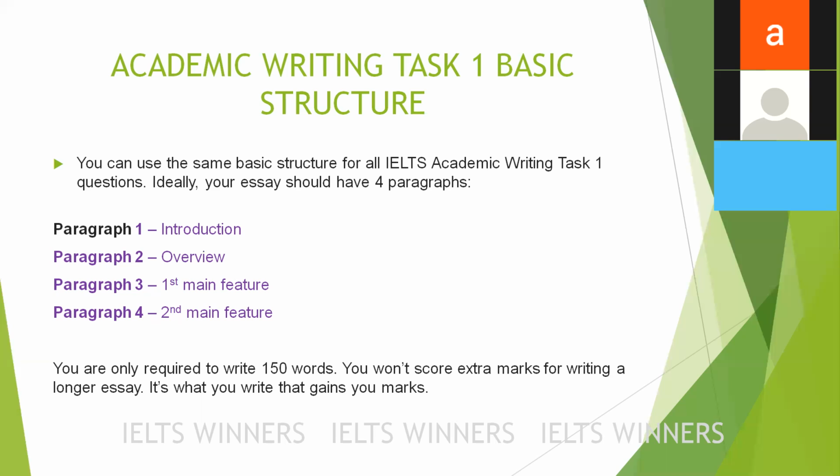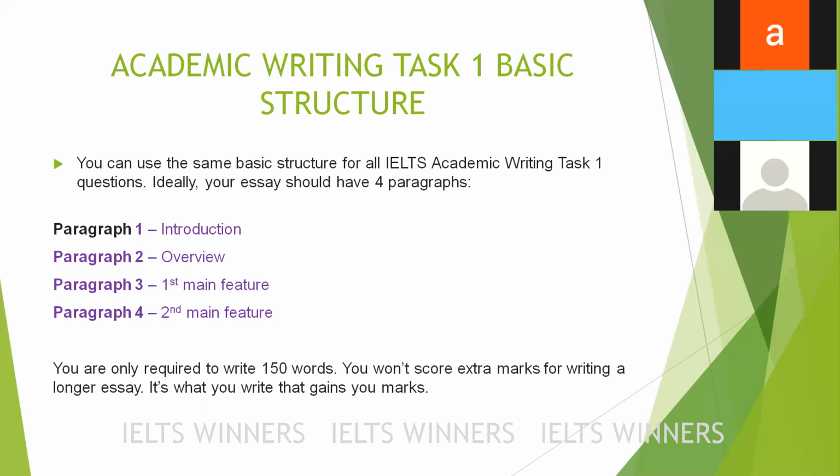So the upward trend, the downward trend, the fluctuation trend, or you can say the majority. Percentage vocabulary is what I focus on most of the time. Instead of writing 85% of people, 75% of people, 10% of people, you can always go for percentage vocabulary.